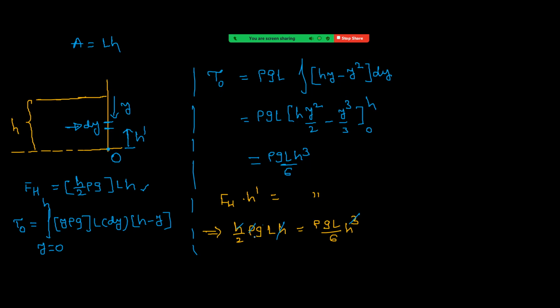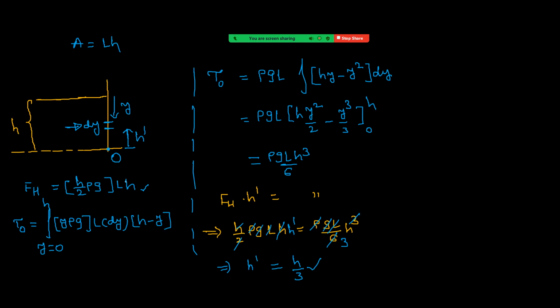Next, rho g L, 2, here 3 times. I think I have missed h dash here. H dash is missed here. Cross check once. H by 2 rho g into L H into h dash. Okay, right. So from this h dash is equal to h by 3.